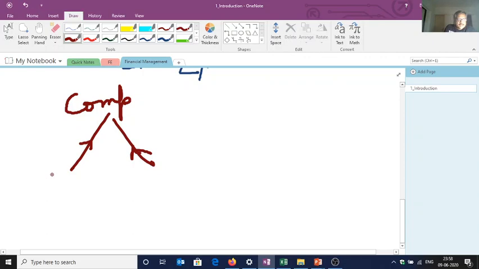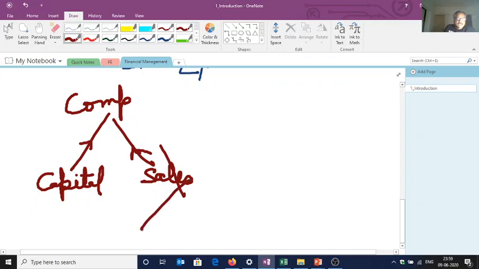First is we need capital to run the show, whether it is short term, long term, or by selling goods and services. So this is not what we are referring to right now. Rather, to run the show, whatever money is required by the company is known as capital.